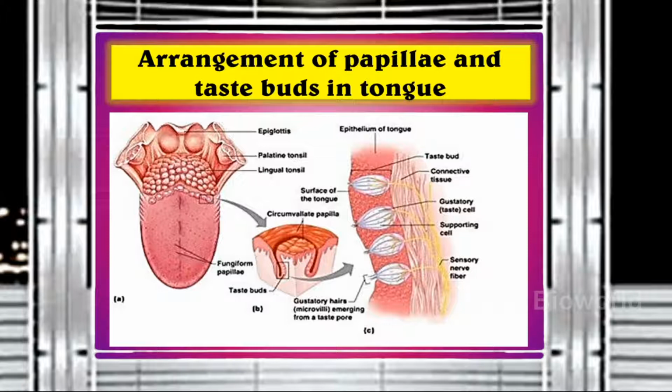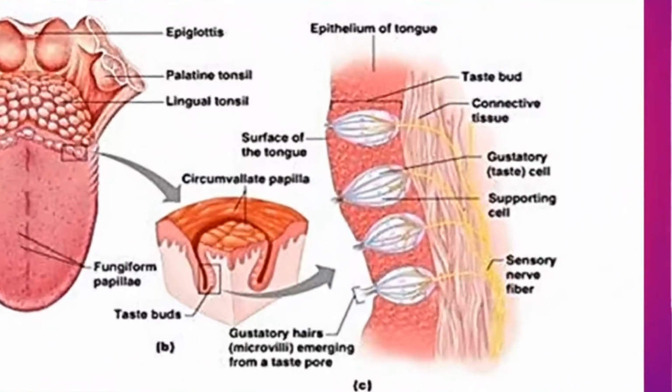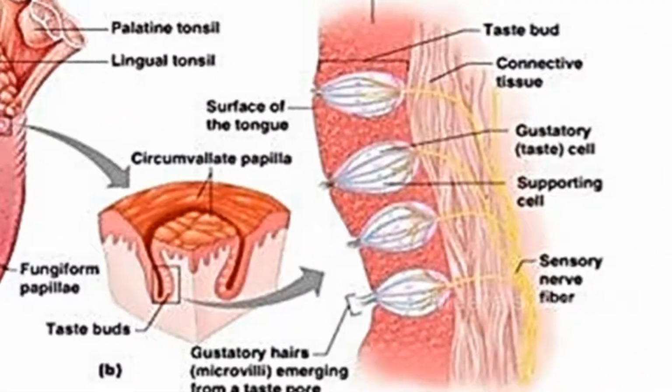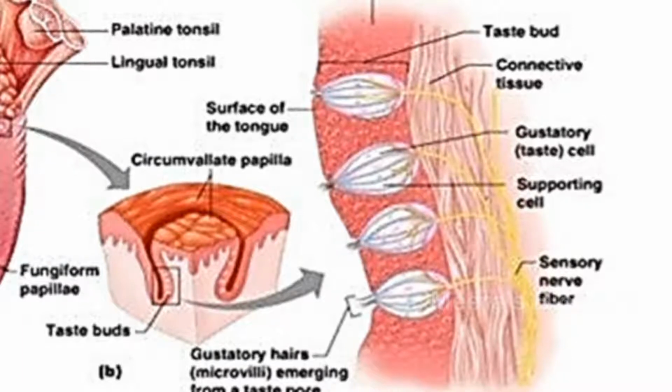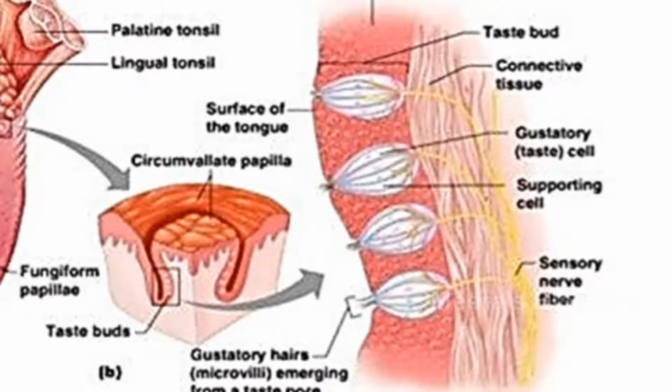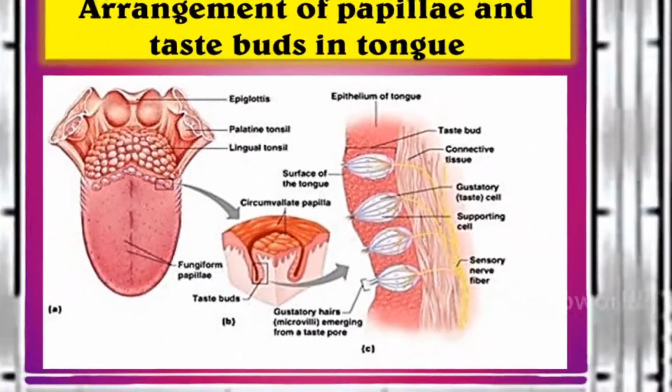These are seen mainly on the surface of the tongue. The projected structures seen on the surface of the tongue are called papillae. The parts seen on the papillae that detect taste are the taste buds.